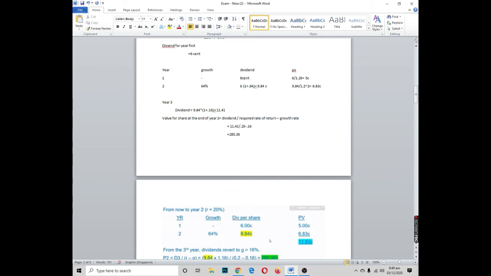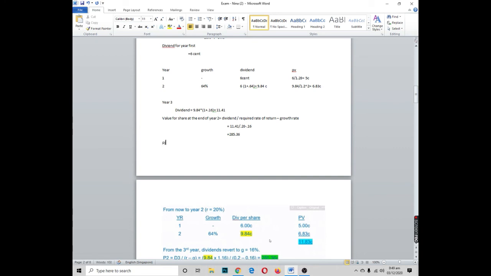What we need to find is the share price today. So we convert this value, we find the present value of this value back to today.